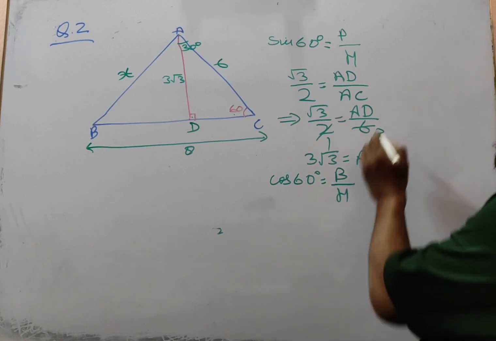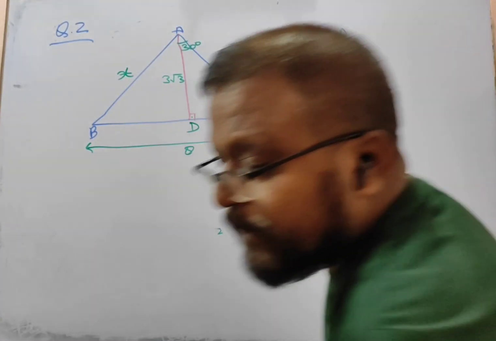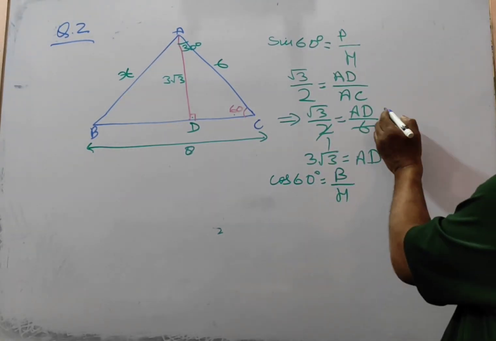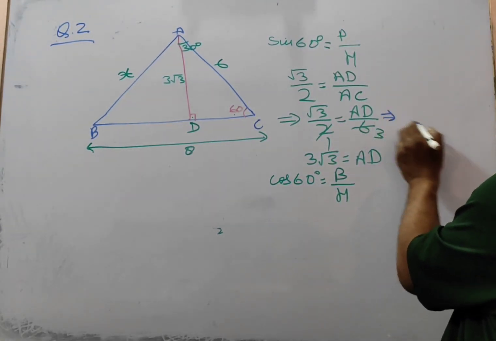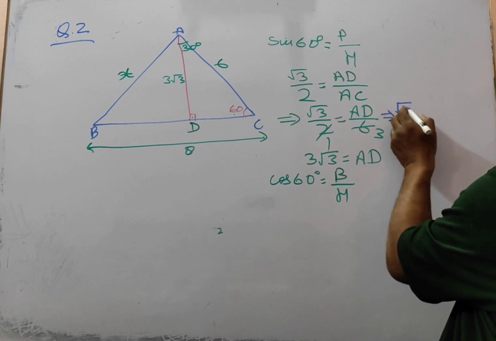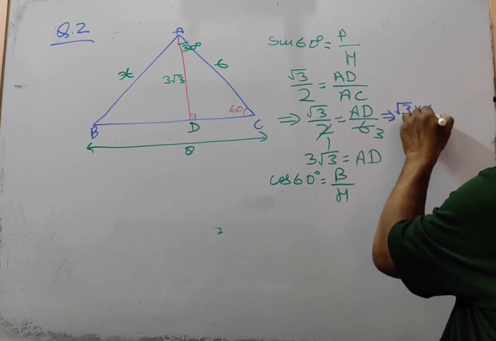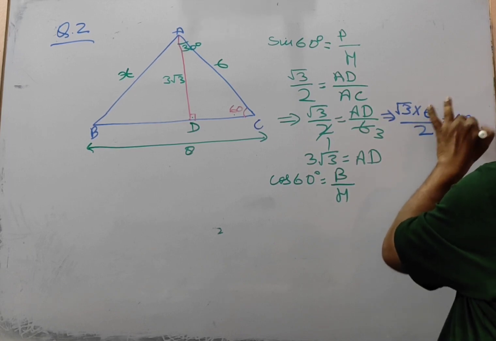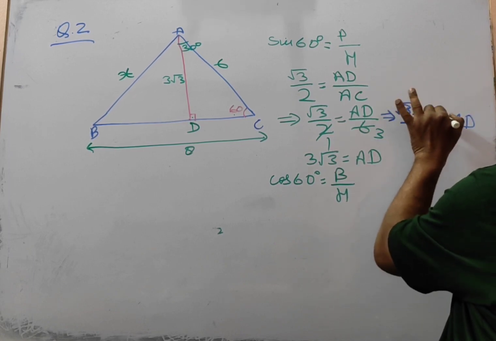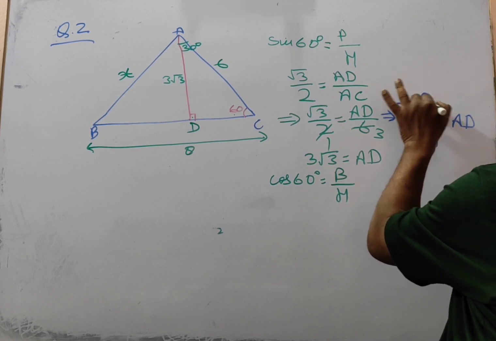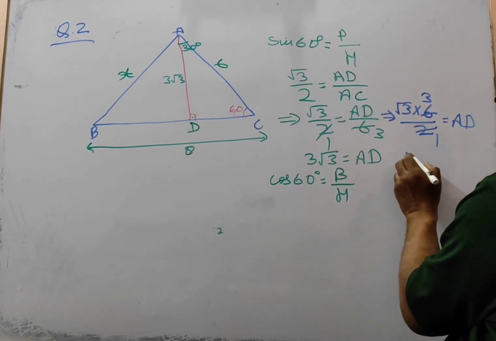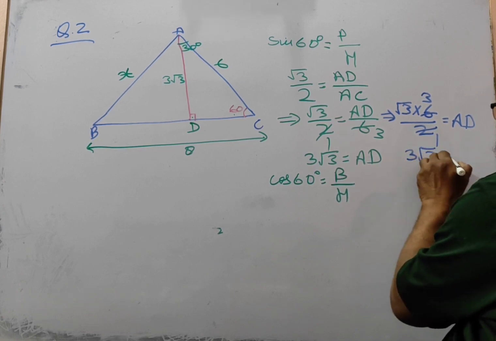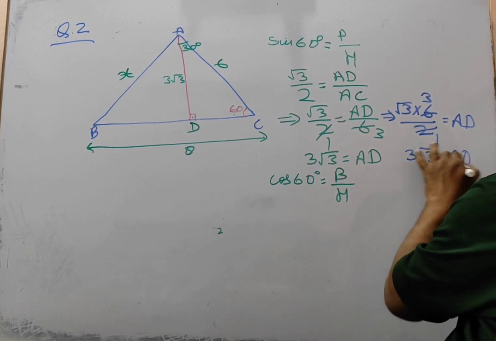Otherwise, you can do it in a manner which we usually do, that you can write it like this: root 3 into 6 upon 2 is equal to AD. 2 1 is 2, 2 times 3 is 6, so you get 3 root 3 is equal to AD, right? We can do that.